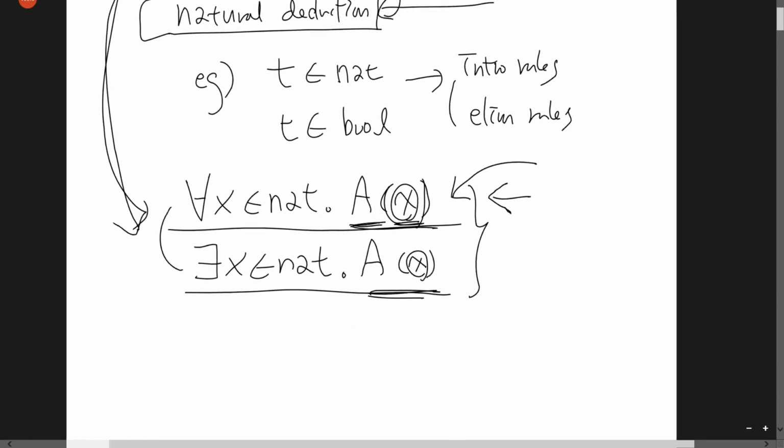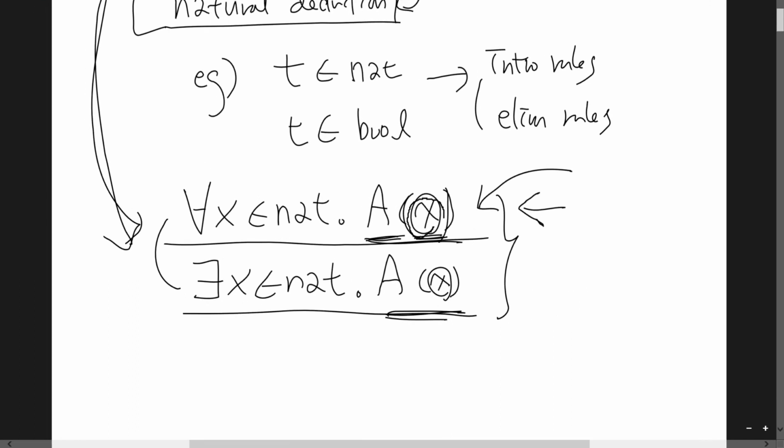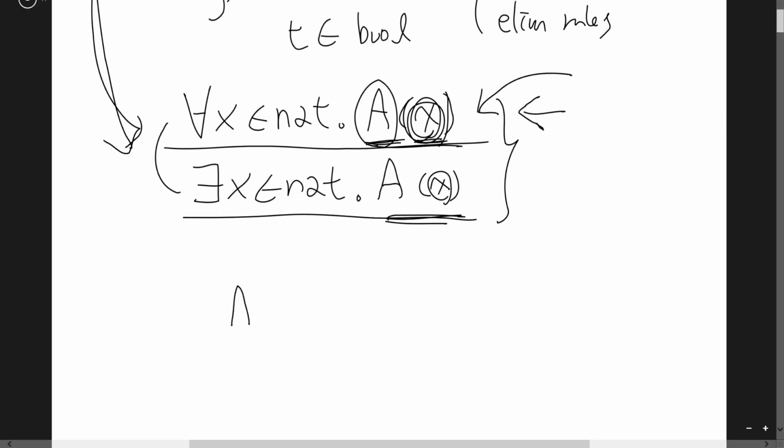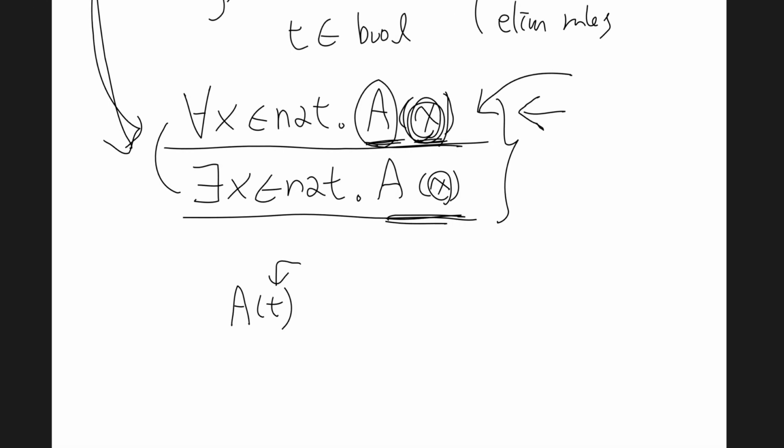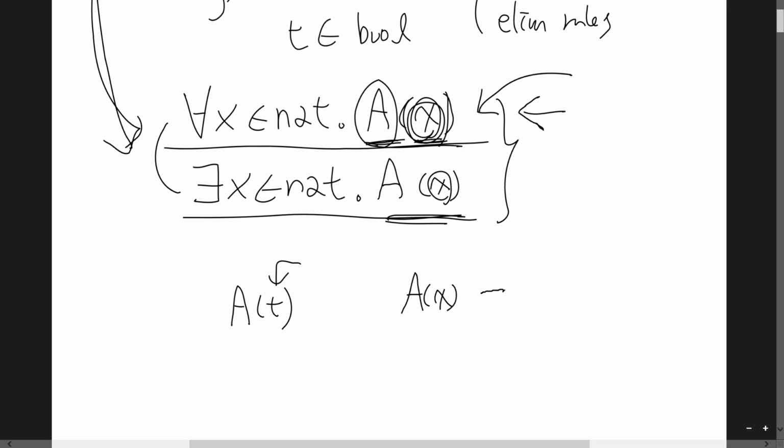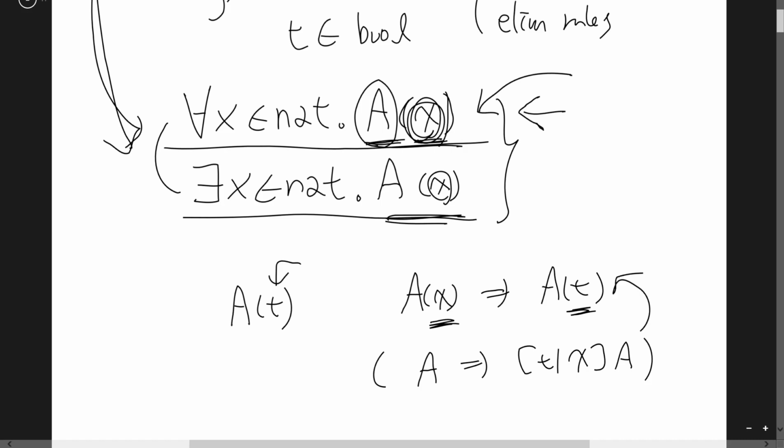Now, we use this term variable x along with this proposition A. We can just write A of t to indicate that term t has been substituted for the previous placeholder. So for example, if we have A of x, then we can simply write A of t to mean that term t is now used for this term variable x. So previously, we had something like t for x in A, but now we can just use this term t directly between these parentheses.